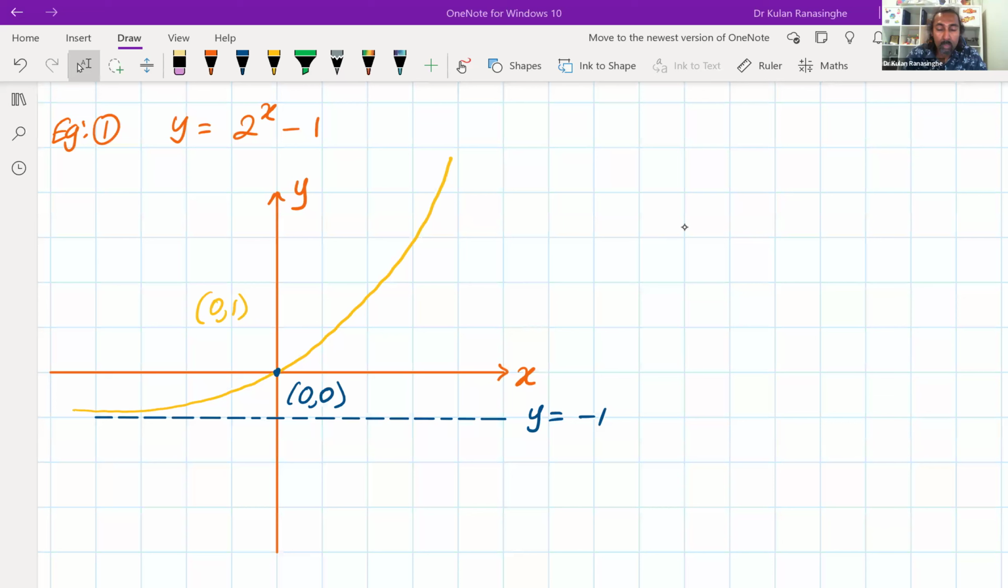In this graphing, the most important ones are asymptotes and intercepts. The shape, you know how to draw them.